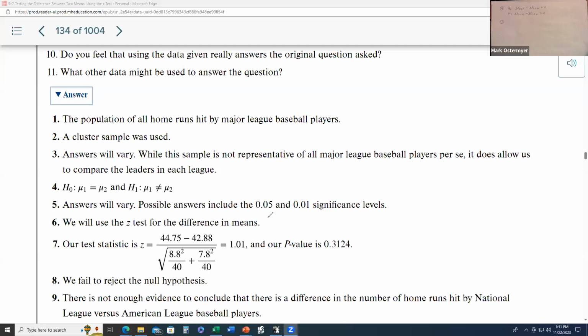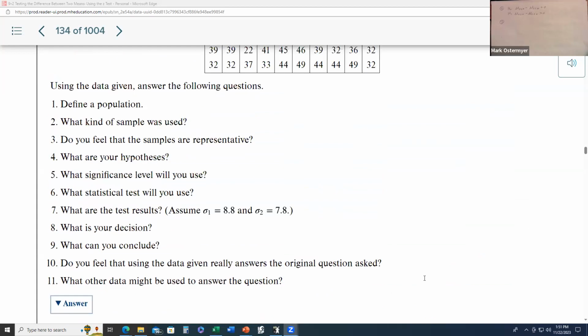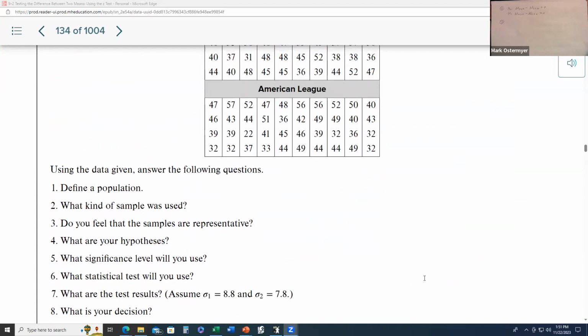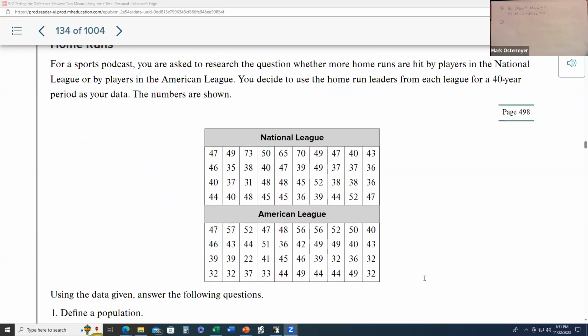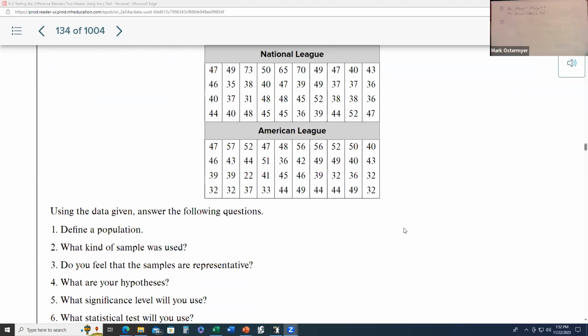All right, so now when this test was conducted here, we were gonna conduct an upper tail test here. Did anybody get a p-value when conducting the upper tail test?